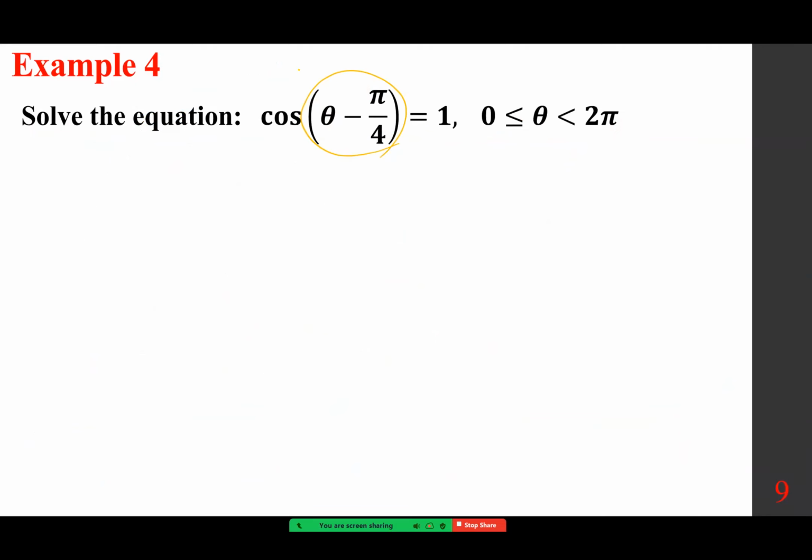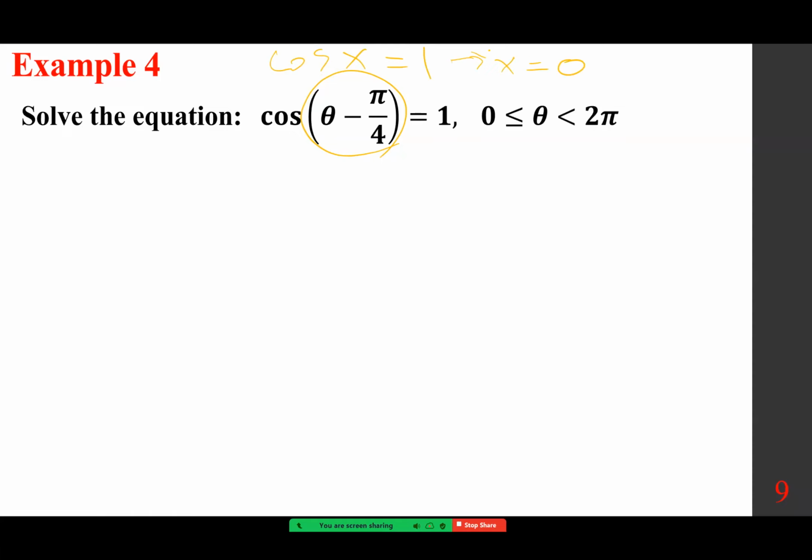If this is, let's say, cosine x equals 1, then x must be 0, because cosine of 0 is 1. Again, one of those common arcs.